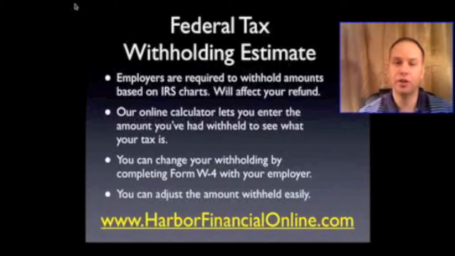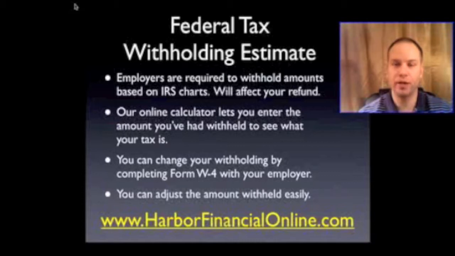You can change the withholding amount by completing a W-4 form with your employer. All you have to do is ask your human resource department, or whoever handles that, that you need a W-4 form. Or you can print that off the IRS website. Just put in W-4 in the search box and you can get that and fill it out. You can adjust the amounts withheld easily.